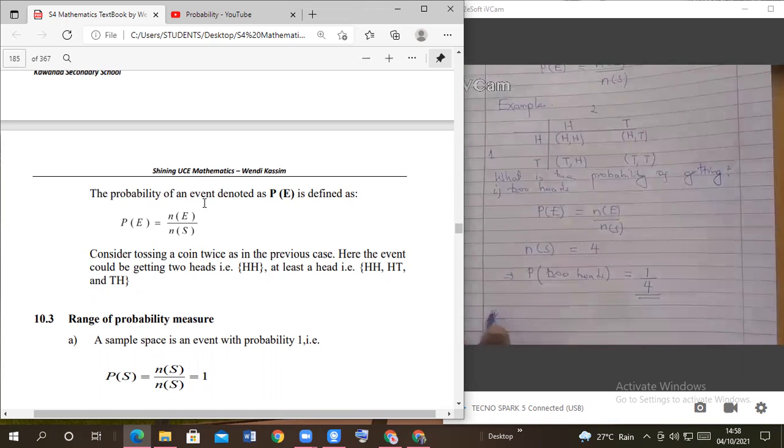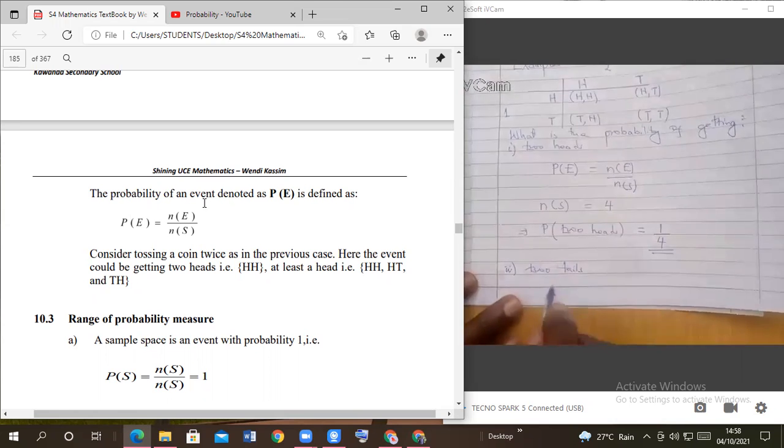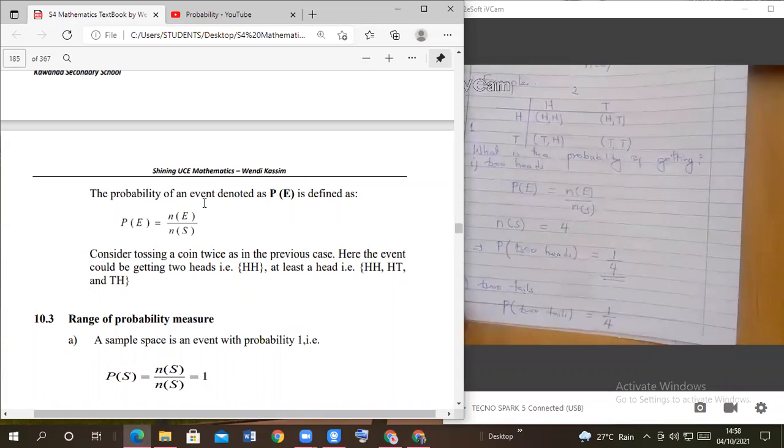Another question may be of getting 2 tails. So the probability of 2 tails will be 1 out of 4.